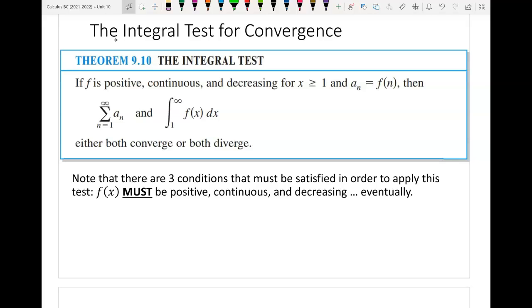So this is where we take a jolt down memory lane. We're going to go back to our improper integrals and use those to help us determine convergence or divergence of the series. Okay?